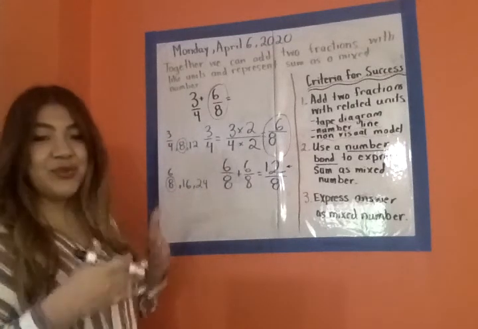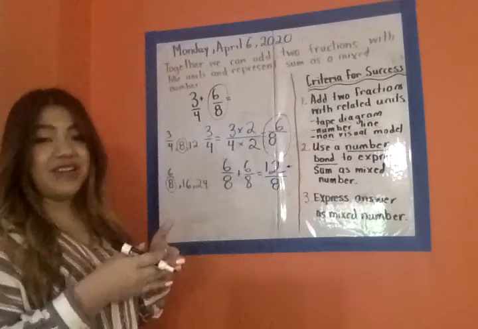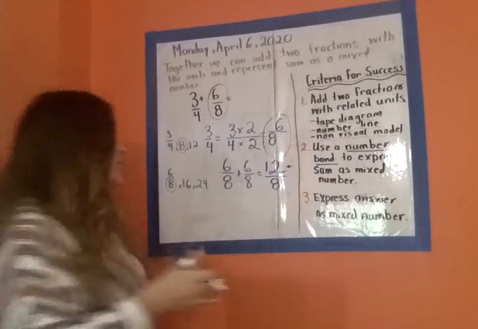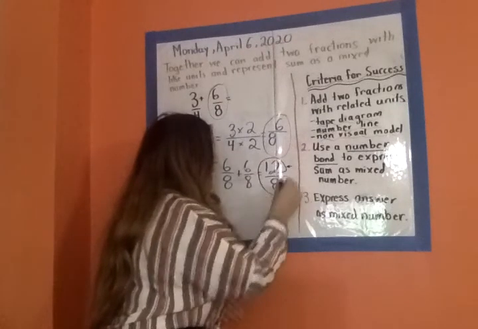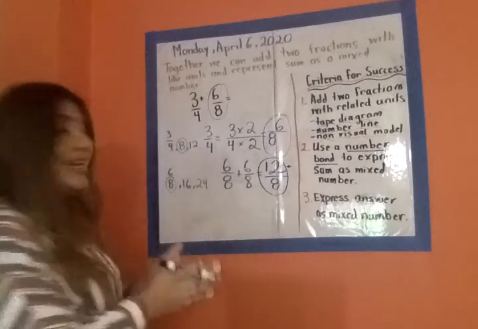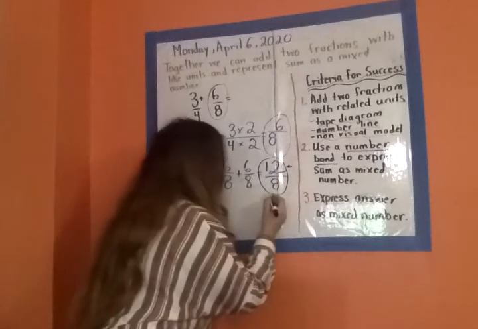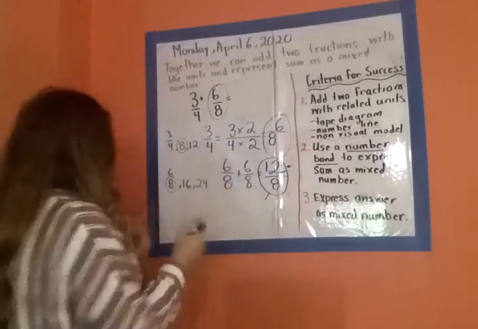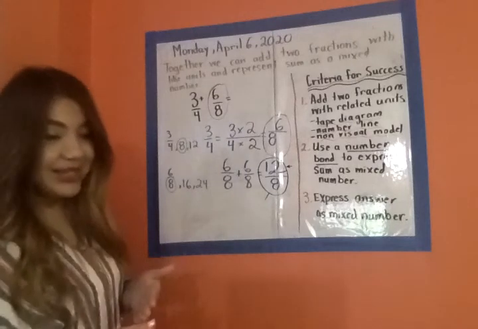Whenever your numerator is greater than the denominator, the value is greater than 1. The first thing we want to do is turn this 12/8 into a number bond that can help us express any whole numbers in this fraction. A whole in fraction terms is when the numerator and the denominator are the same.